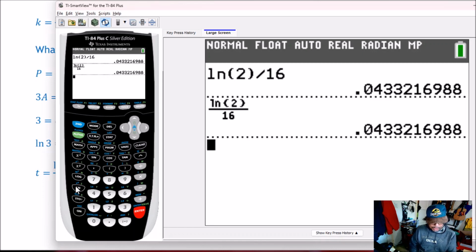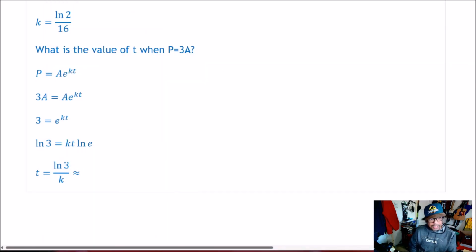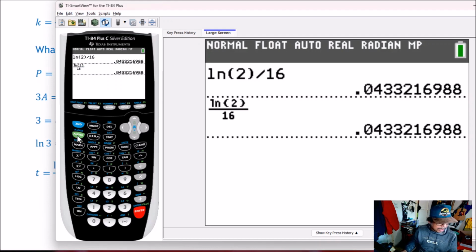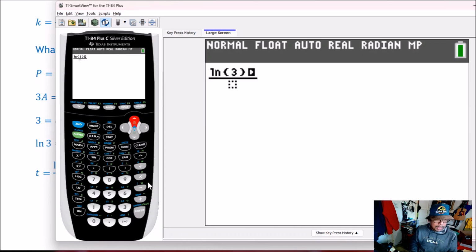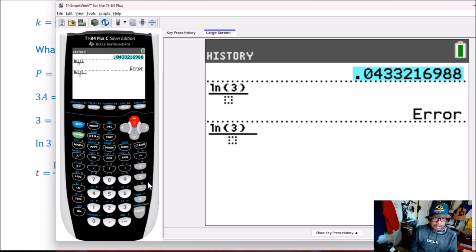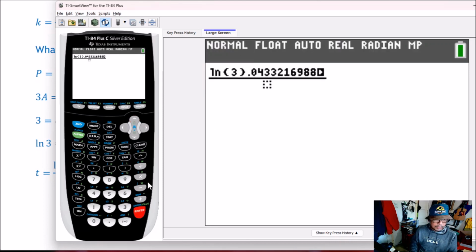And now to get our value of t, that's going to be the natural log of 3 divided by our value of k. So again, we'll get our fraction bar. We'll get the natural log of 3. And we'll go to our denominator. And then we'll copy and paste our value of k. Oh, that didn't quite work. Let's start over again.